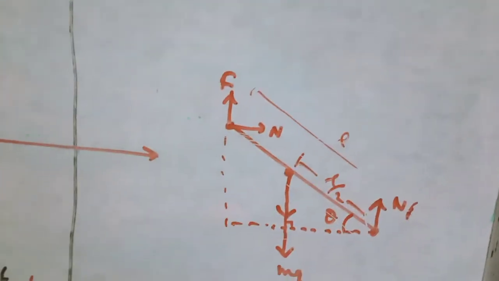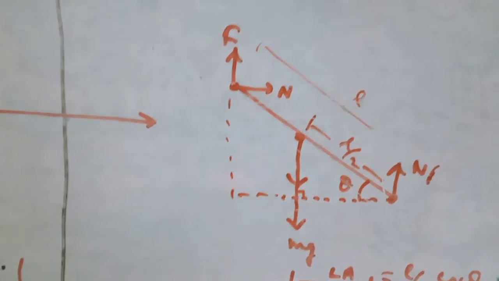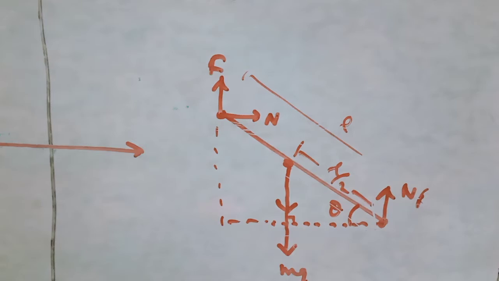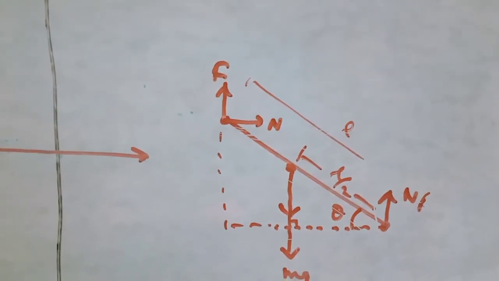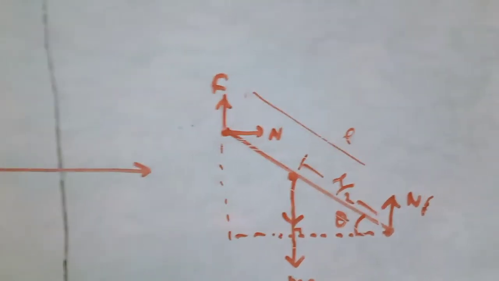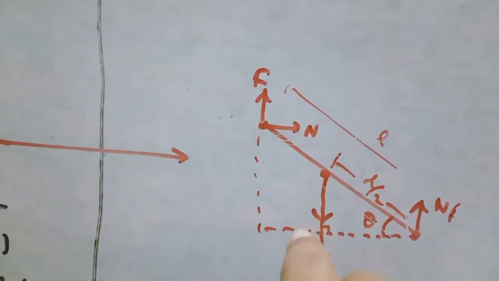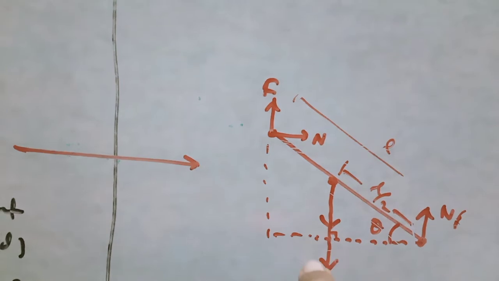Now, first of all, take mg. The distance between the fixed point and the point from where mg acts is L by 2. The perpendicular distance is L by 2 sine theta.